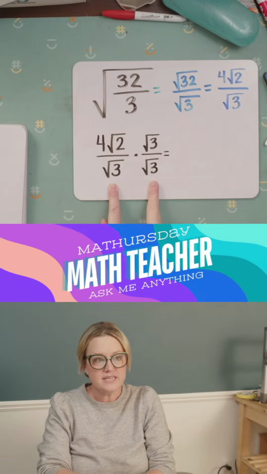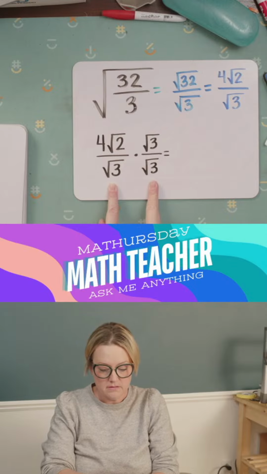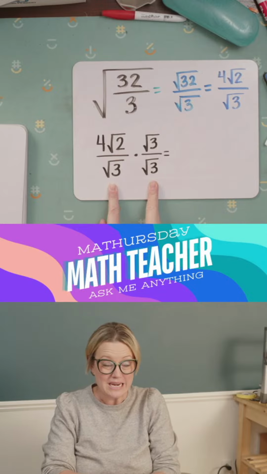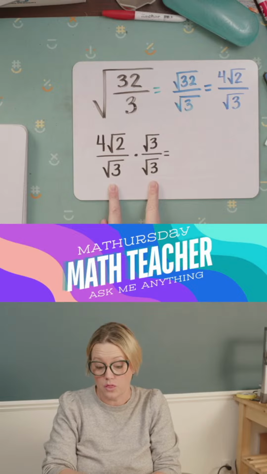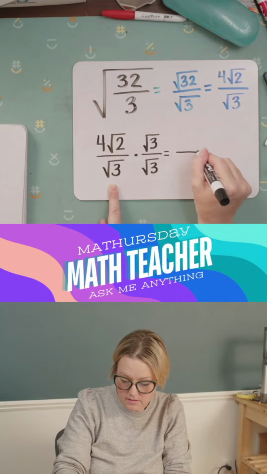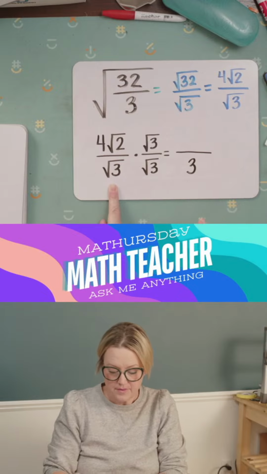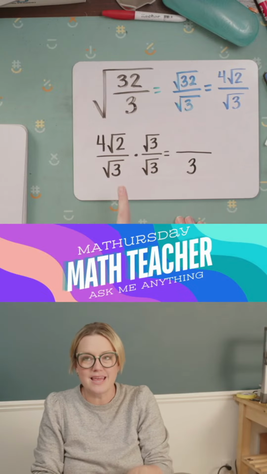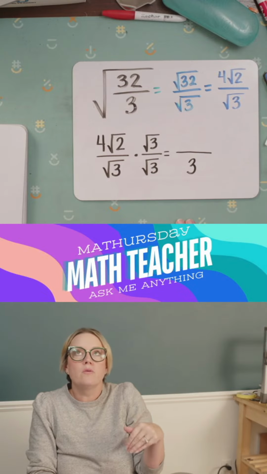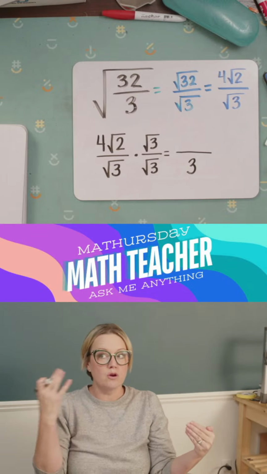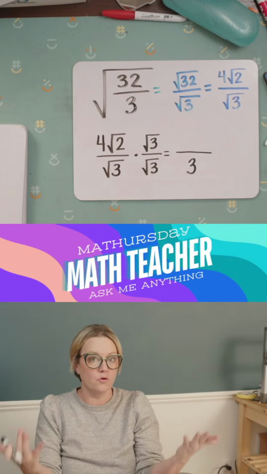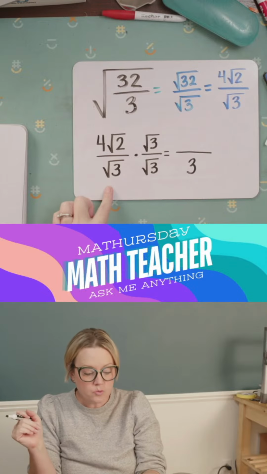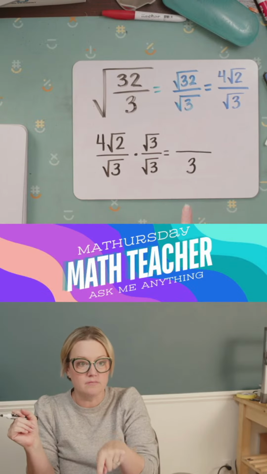Root 3 times root 3 becomes root 9, which is just 3. Think about it like the square root of 16 times the square root of 16 would be 4 times 4, which is 16. So the square root of 3 times the square root of 3 becomes 3.